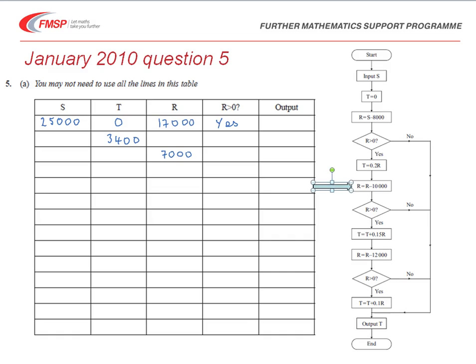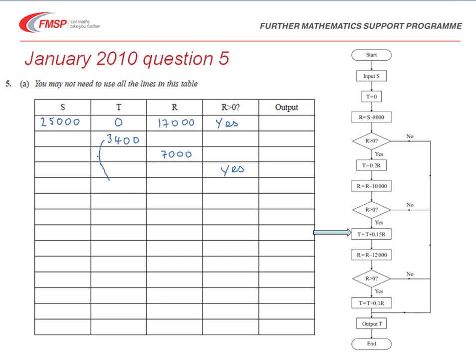Then we have another decision to make. Is R greater than 0? Well, yes it is, so we're still at yes. So T then becomes equal to T plus 0.15 R. So we've got to take 0.15 times the current value of R, which is 7,000, and add that to the value we've got in T. So we've got the T here, which is 3,400.